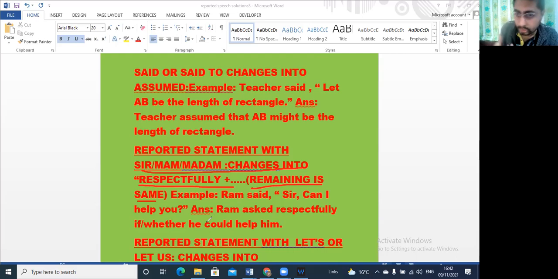It is our duty to respect our seniors and love our juniors. In a similar way, sir, madam or ma'am is replaced by respectfully, because we have to respect them. So let's talk further using a question here.